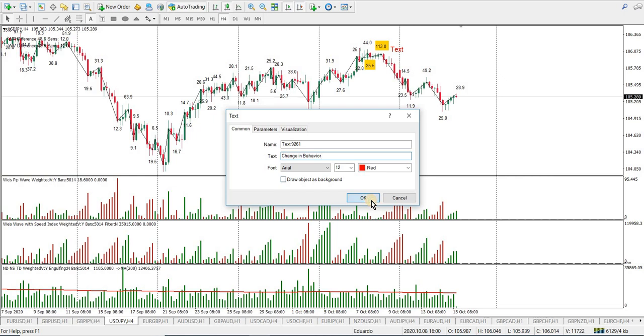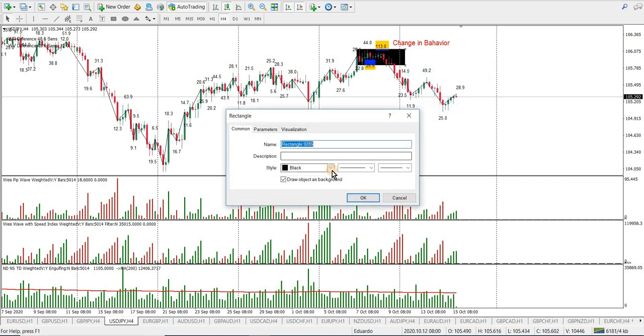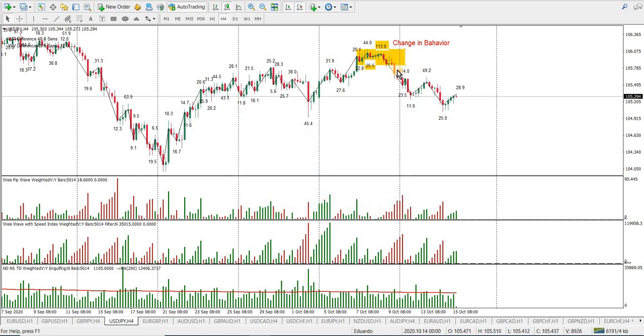In behavior, all right, that 113. So what do I do? This is my range. Let me make that another color. Okay. And what do I see after the exit?